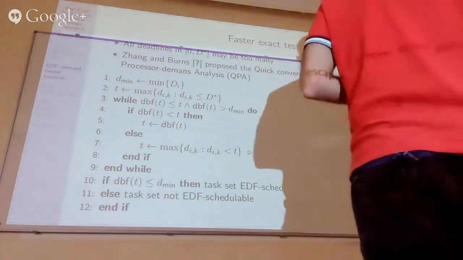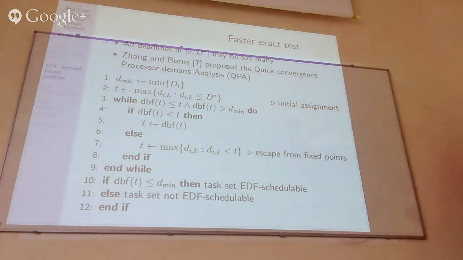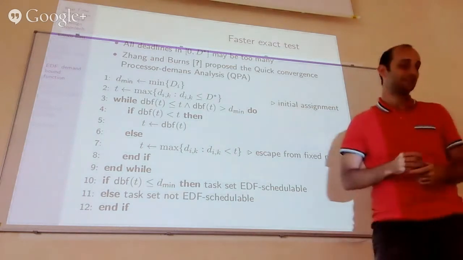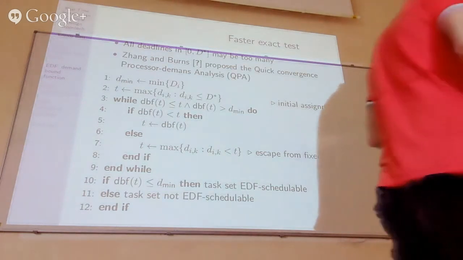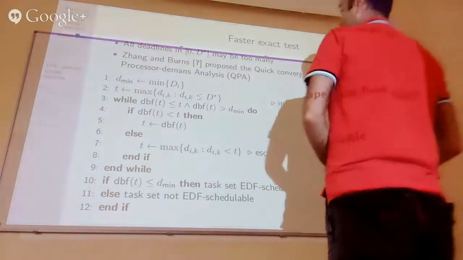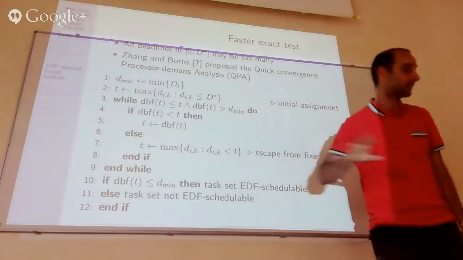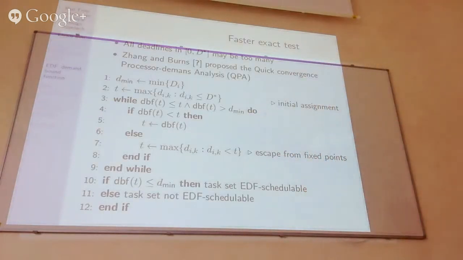Okay, yes. Well, there is another quite nice test that is a faster and exact test. It is called quick convergent processor demand analysis, which was proposed by Zhang and Burns. Well, I think this is much simpler to explain with a drawing.